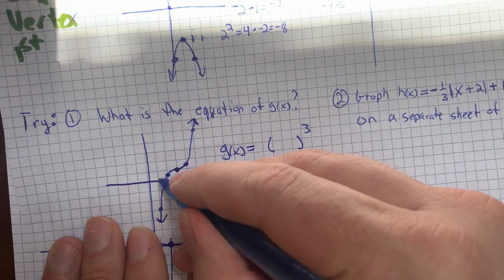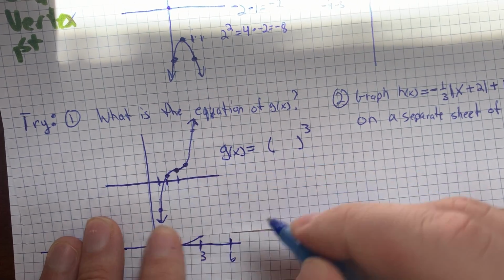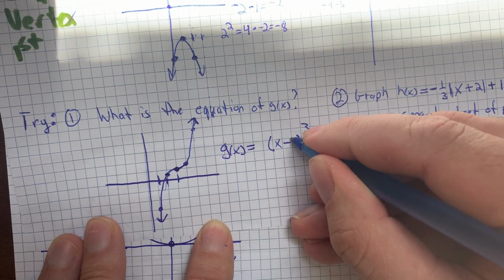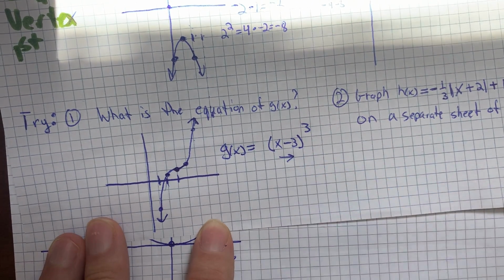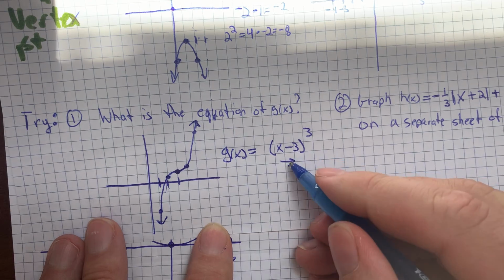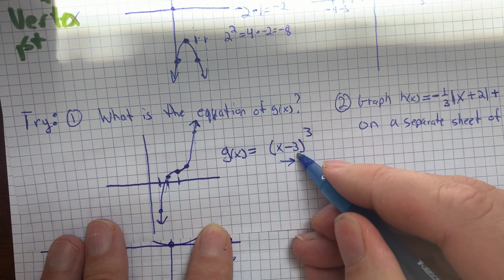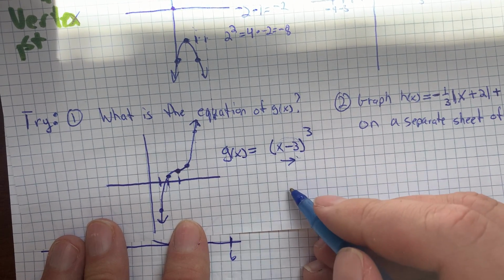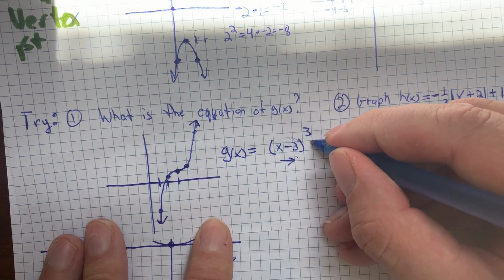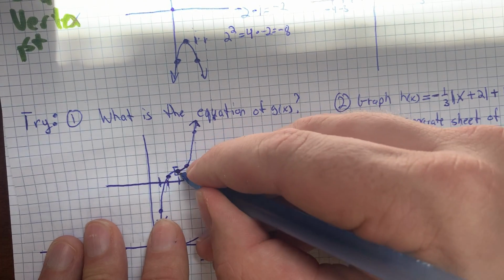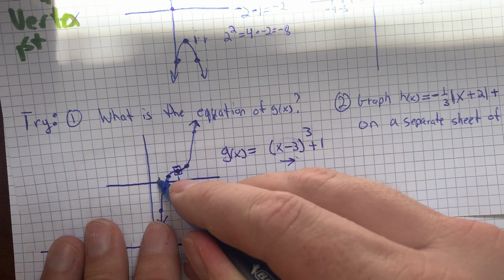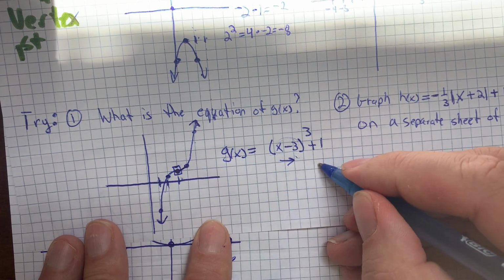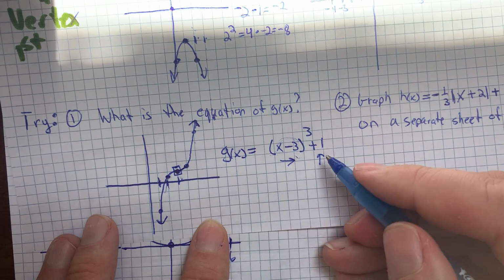The vertex is to the right by 3, so that needs to be minus 3 inside of the parentheses to make it go to the right by 3. Horizontal translations are to the right or left, and that goes inside of the parentheses. The vertical translation is up by 1. That inflection point is 3 points to the right and 1 up, and vertical translations go outside of the parentheses.